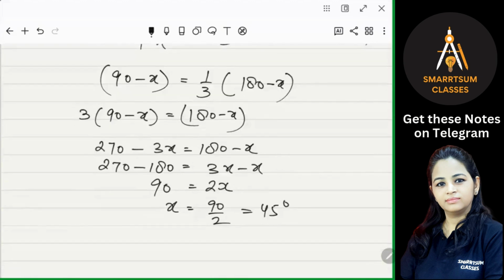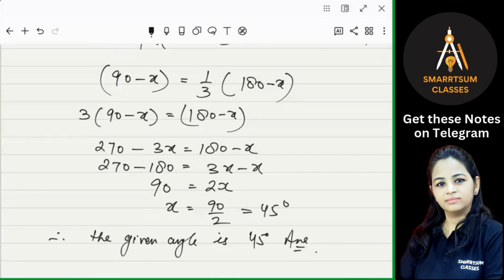Therefore, the given angle is 45. This is the answer, not 35. I just made a mistake in the last step. So that's how you can find out the angle. So 45 degrees is the angle whose complement is 1/3 of its supplement.